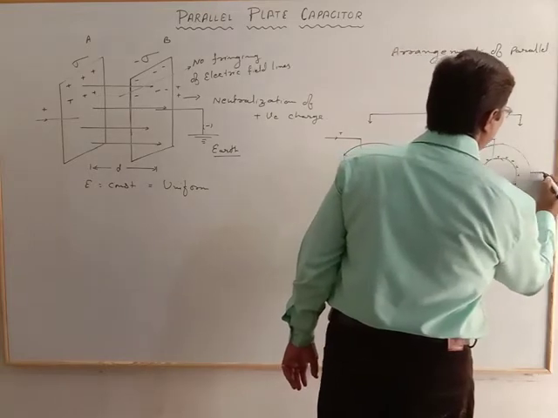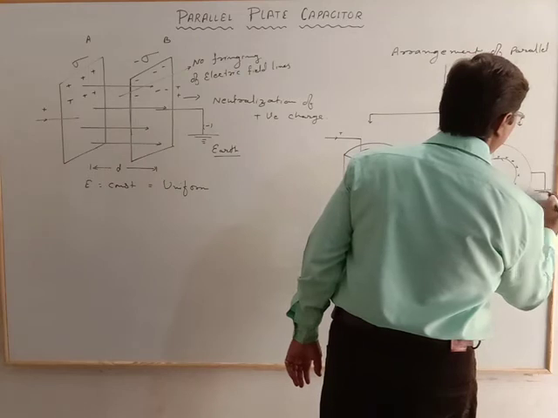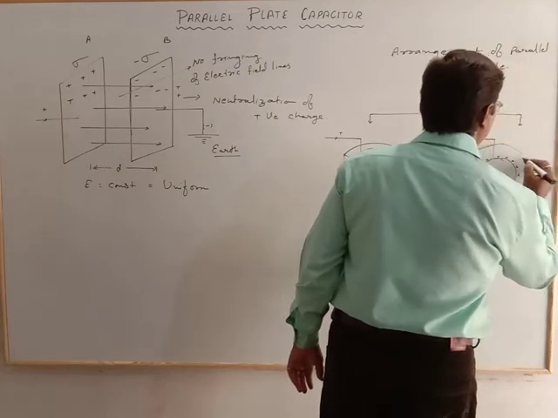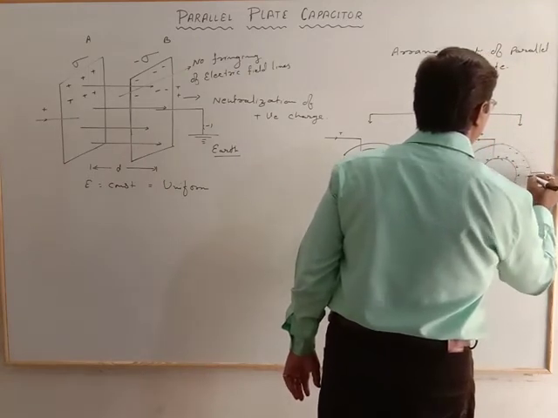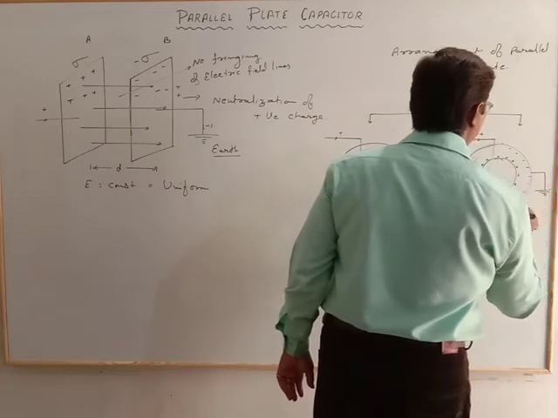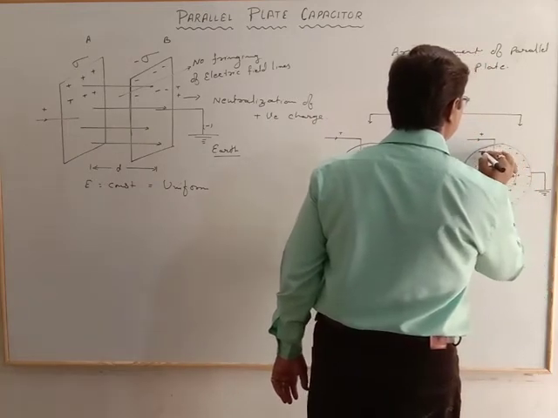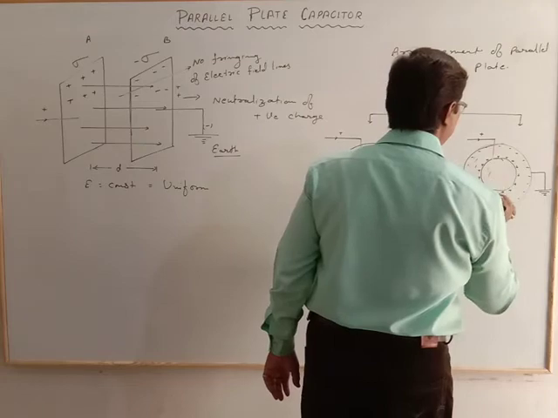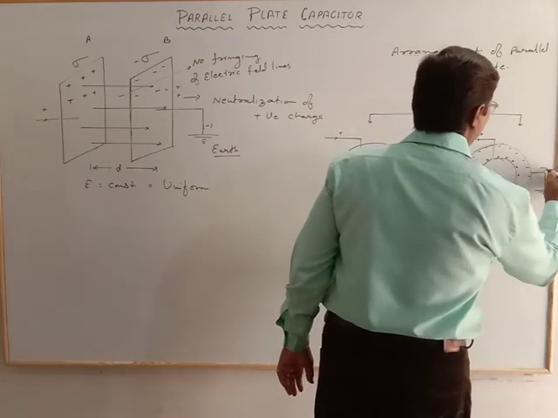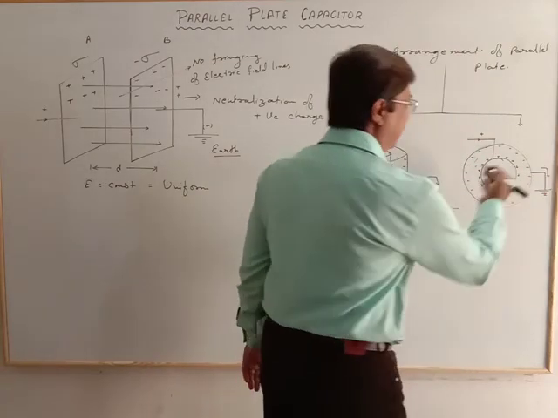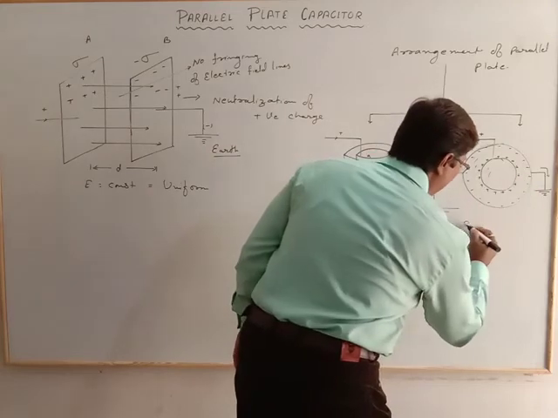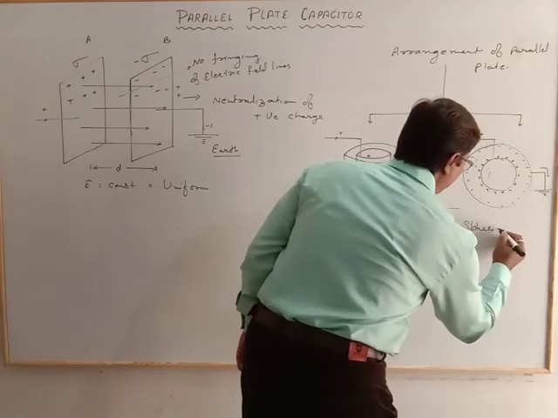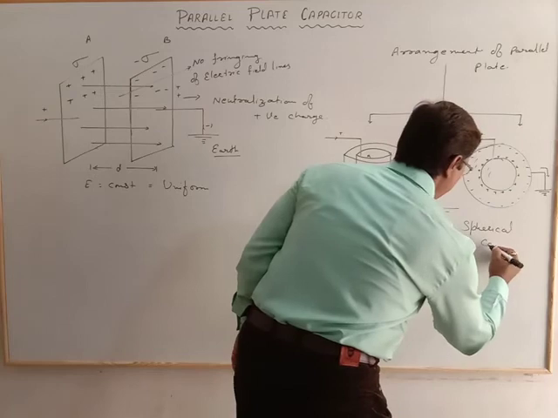And the other one is the earth, where the negative charge will be shown like this. So that becomes the spherical capacitor.